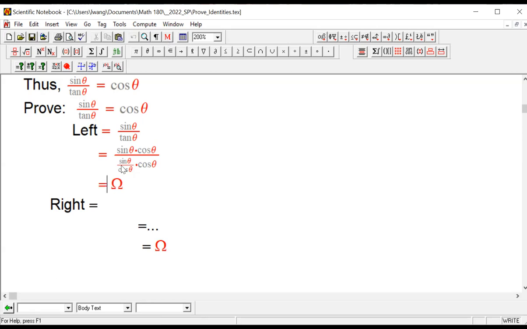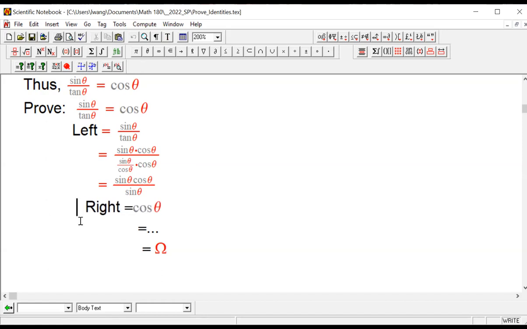So the next step, let's see what's the omega. Once we've done that, the top will be sine theta cosine theta. The bottom, cosine theta and cosine theta reduced, we have sine theta. And the right-hand side, I have a cosine theta to start with.